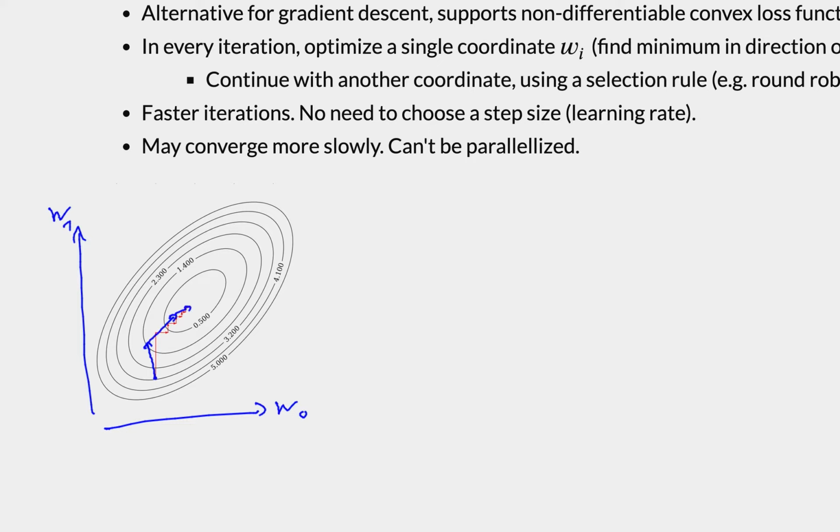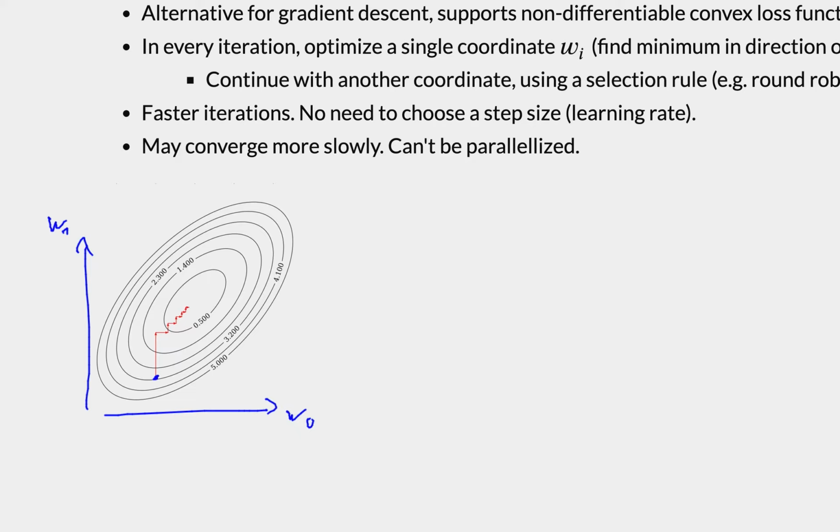Coordinate descent is different in that it only updates one weight at a time. So say it selects, for instance, first W1. So then it updates W1, and it doesn't just take a step, it will find the optimal solution starting from here in the direction of W1.